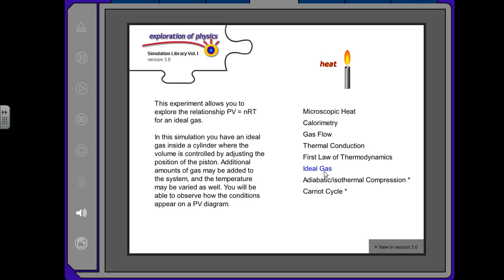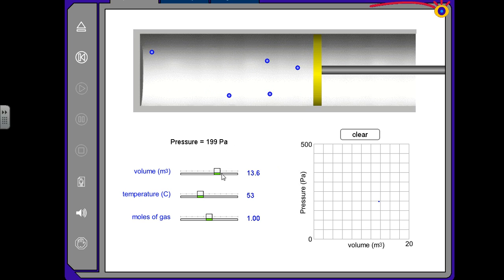Heat, ideal gas, 10, 70, 69, and I want 70. All right, 71, okay, clear. And then I'm supposed to move the volume up and down.